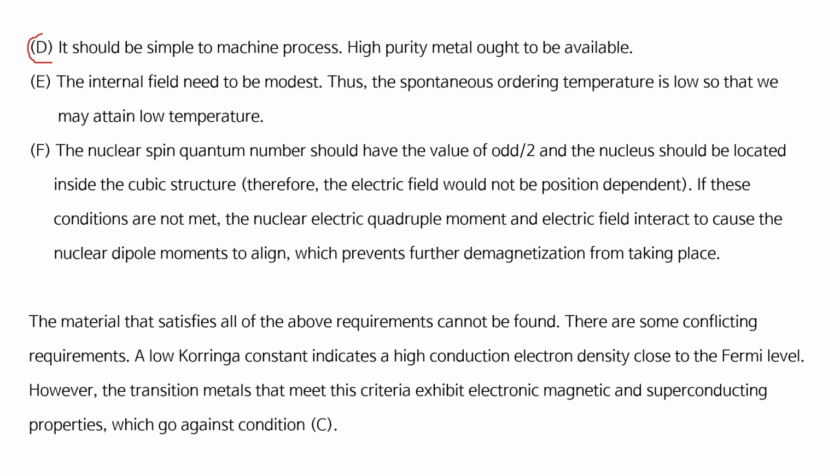Next, it should be simple to machine process. Also, high purity metal should be available. Next, the internal field needs to be modest. So it's better to have a small internal field.